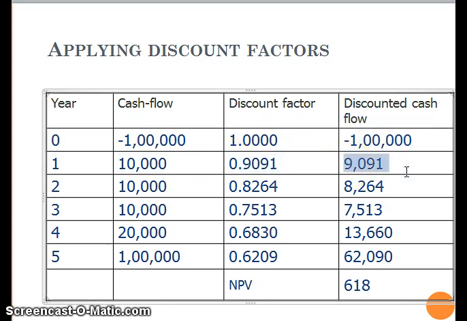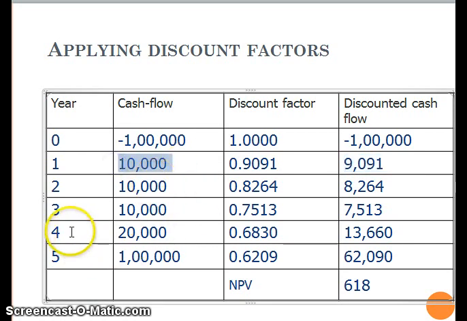For the first year, the present value is 9091 for the future value of 10,000, which means you have to invest 9091 for 1 year at the rate of 10 percent to get 10,000.